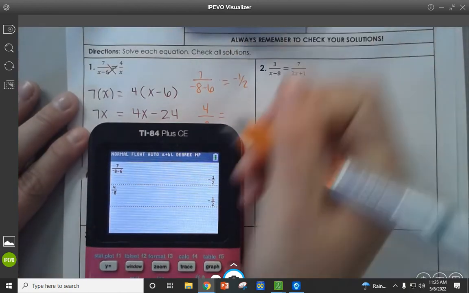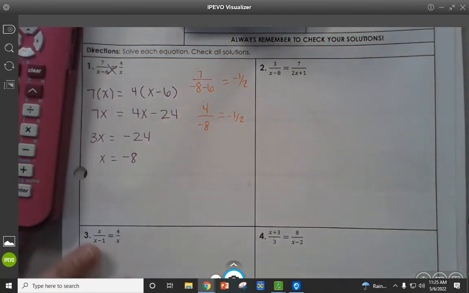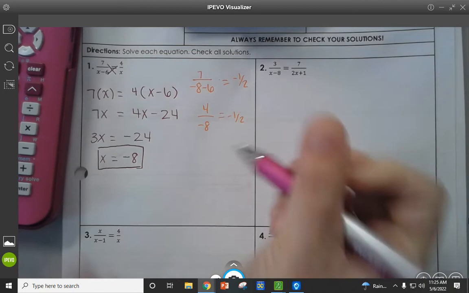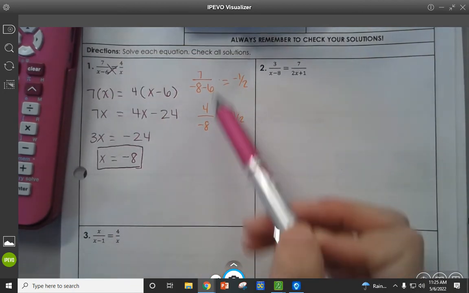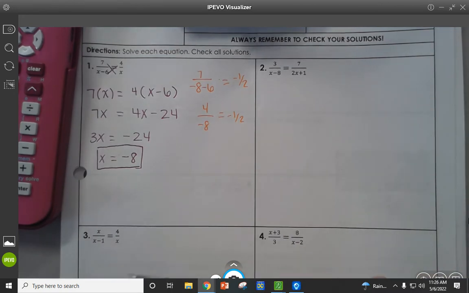They're both equal to negative 1/2, which means that this is a solution. If either one of those had given me a 0 in the denominator, or if these weren't actually equal to each other, it would be no solution.